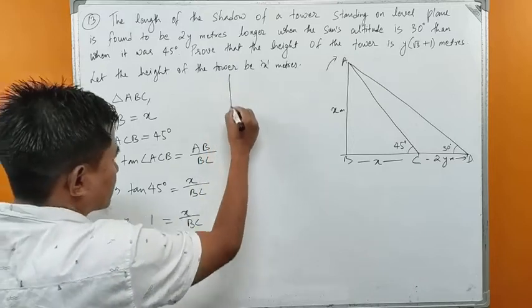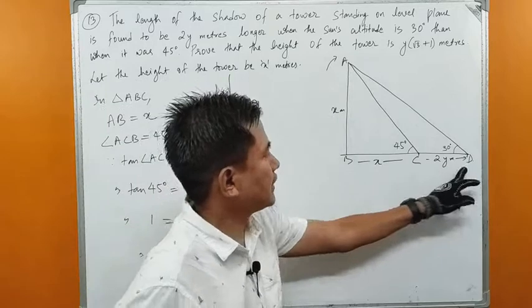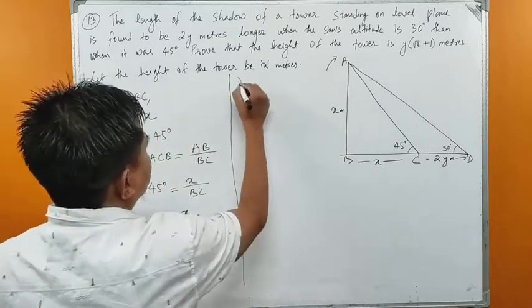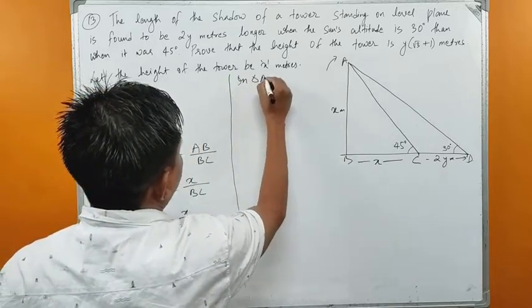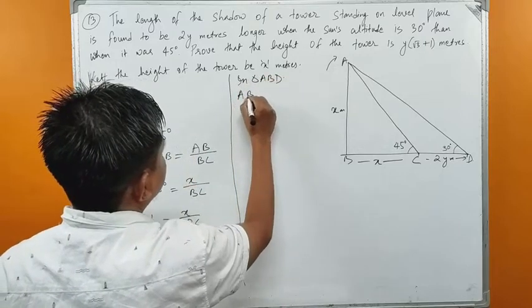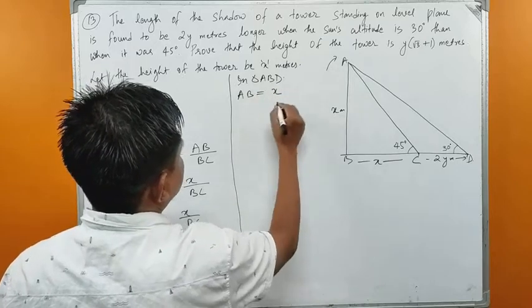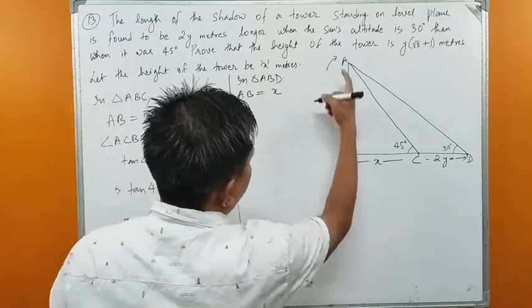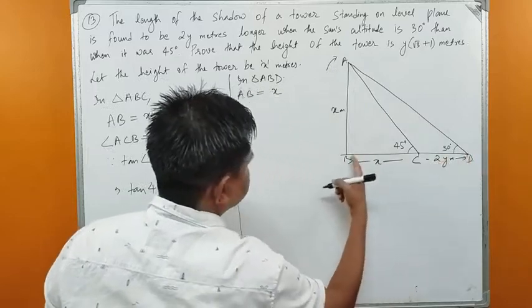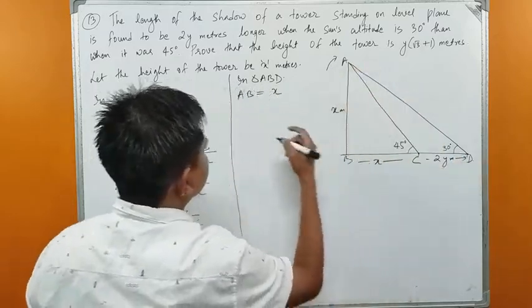Okay, now let us see the bigger triangle, that is triangle ABD. In triangle ABD, we have AB, that is the height of the tower, isn't it? AB equals to x meters, and angle ADB, okay, this angle ADB.